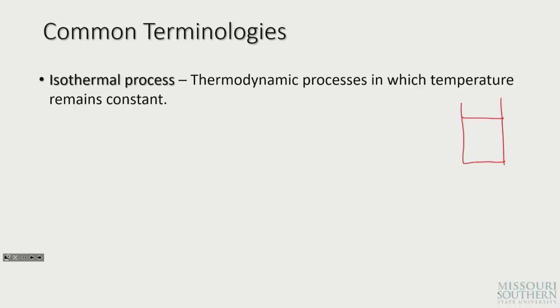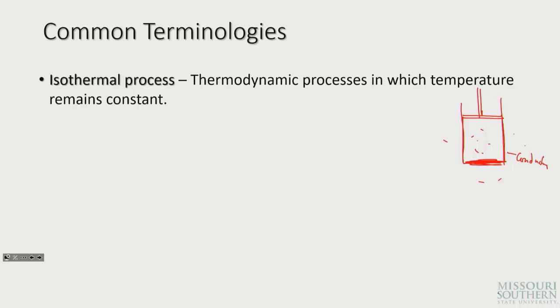You can have a cylinder where the parts in contact with the surroundings are conducting, so they can conduct heat through them. There would be some exchange of heat, which would otherwise change the temperature of the system.